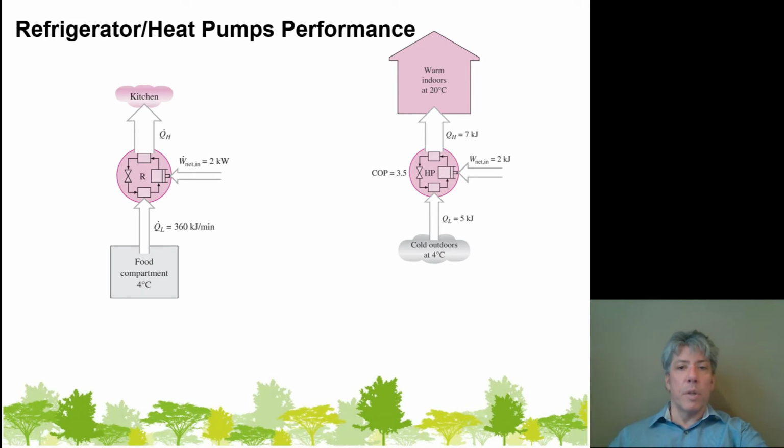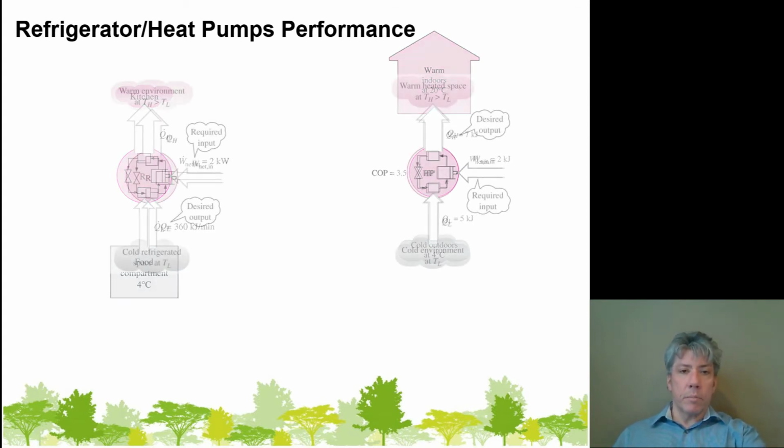Not all the heat that you pull in makes it into the house. But for the sake of what we're talking about here, this is fine. Notice that we could talk about the desired output over required input in either rate form, like we're doing with the refrigerator, or energy form, like we're doing with the heat pump. Either way would be okay, and we get the same result.